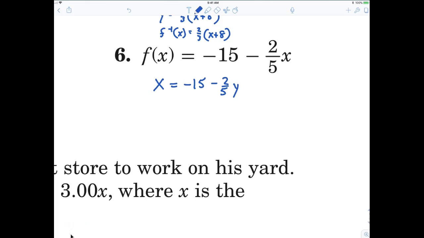So it becomes 2/5 y equals negative x minus 15. Everybody good with that? And now, what's the reciprocal? So 5/2 parentheses negative x minus 15. That's all there is to it.